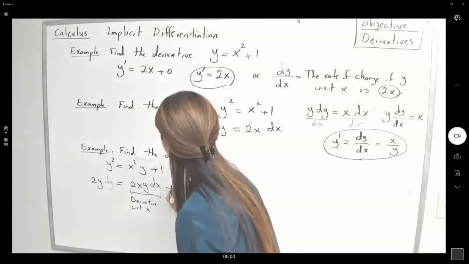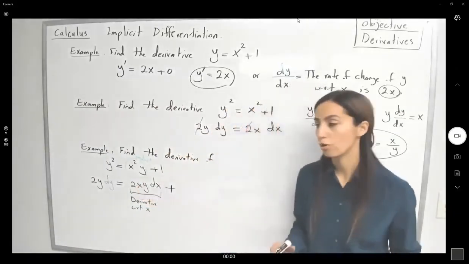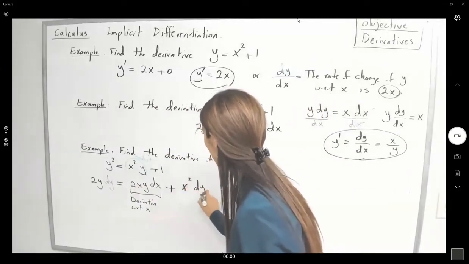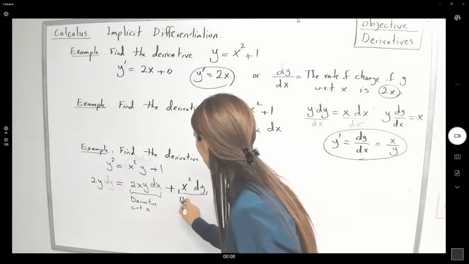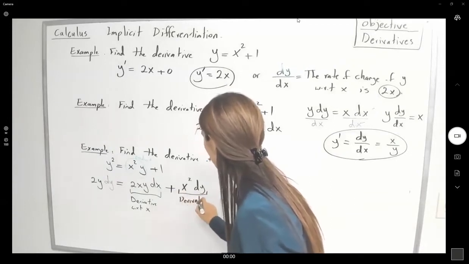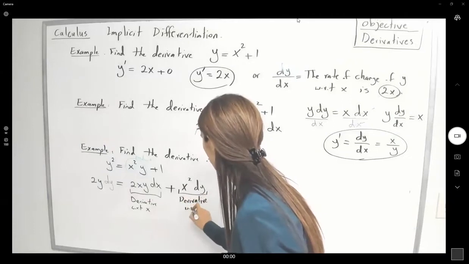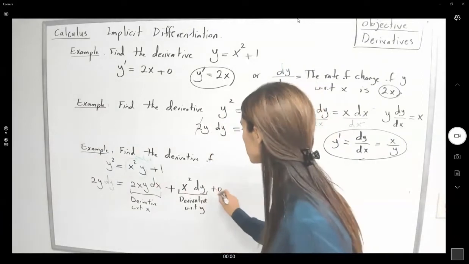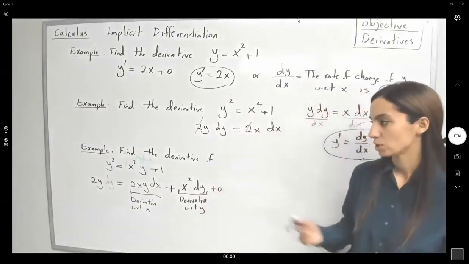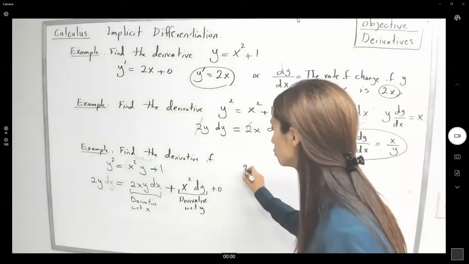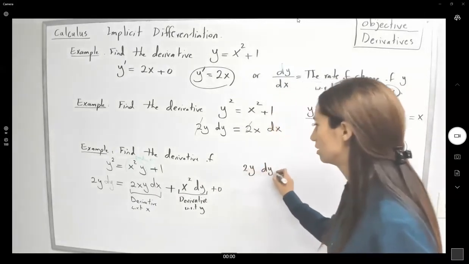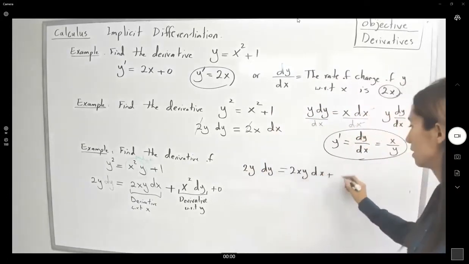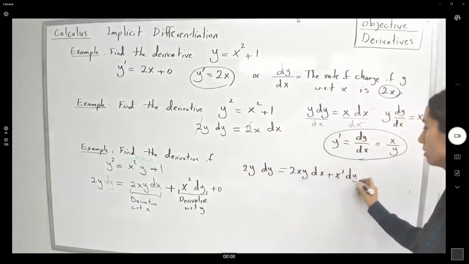Plus, now take the derivative with respect to y. It means that you're left with x squared dy. This is the derivative with respect to y. And the derivative of the constant is just 0. So what do we have? We have 2y dy equals 2xy dx plus x squared dy.